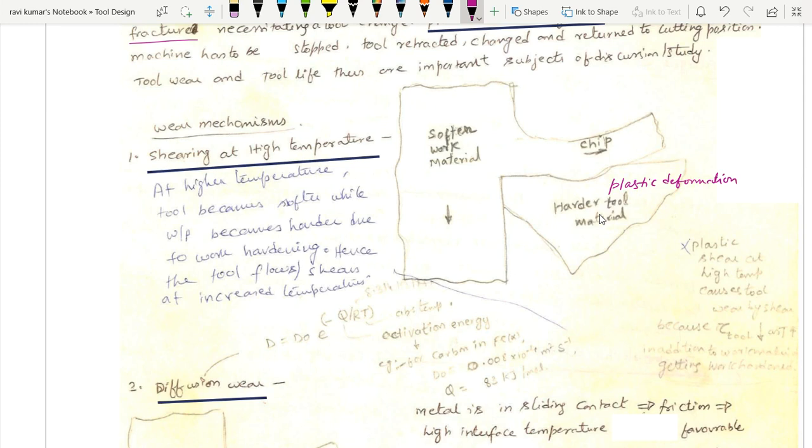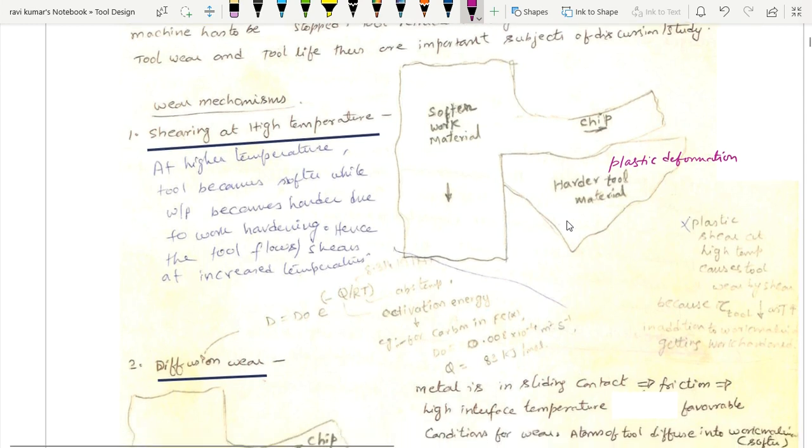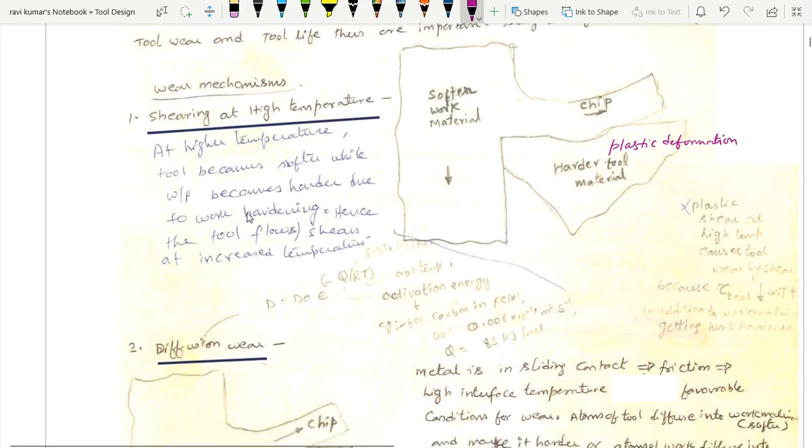The workpiece material becomes harder on account of work hardening effect. Similarly, the harder tool material is likely to become softer because of increase in temperature. This promotes the shearing action. That means there is a sort of plastic deformation in the tool material. That is the first mechanism of wear.